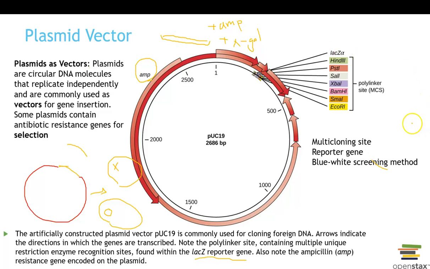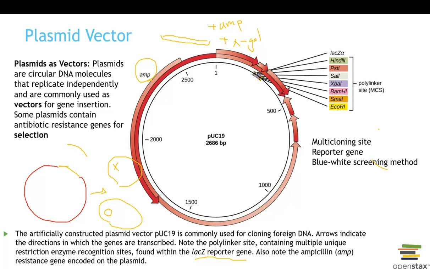So they call this the blue and white screening method. The blue bacteria are the bacteria whose plasmid doesn't contain the insert, so the LacZ gene can make the enzyme and break down the X-gal to a blue product.